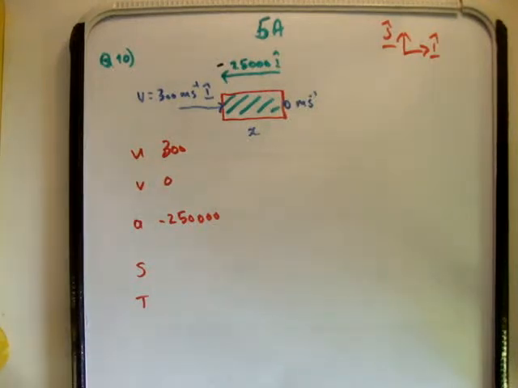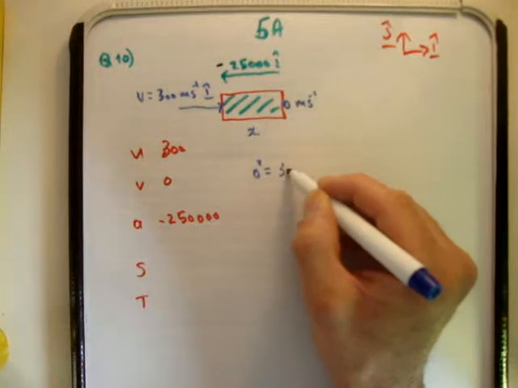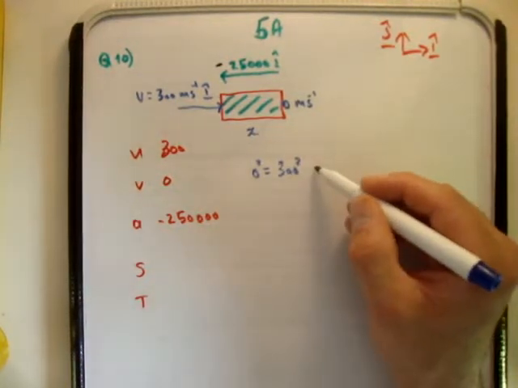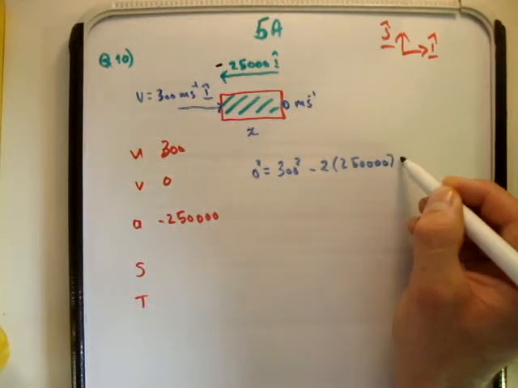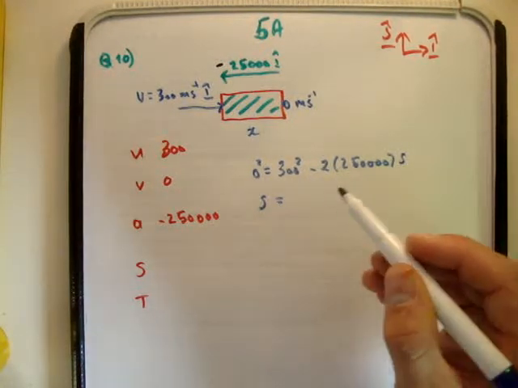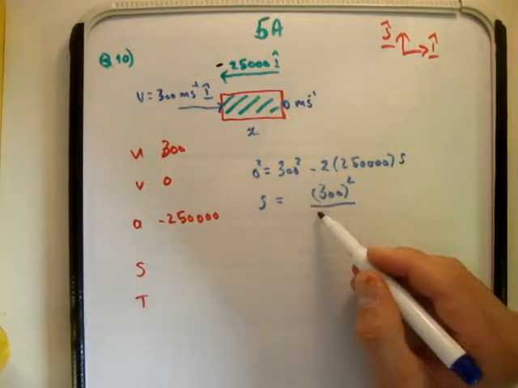Alright, so we can use v squared is equal to u squared plus 2as, and we're going to get 0 squared is equal to 300 squared minus 2 times 250,000 times s. Therefore s is equal to 300 squared over 500,000.